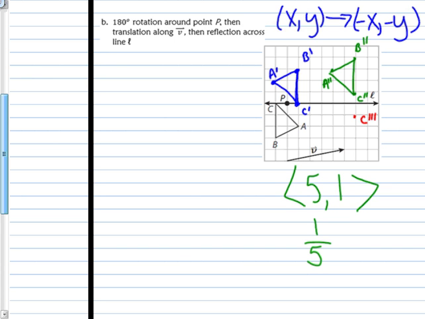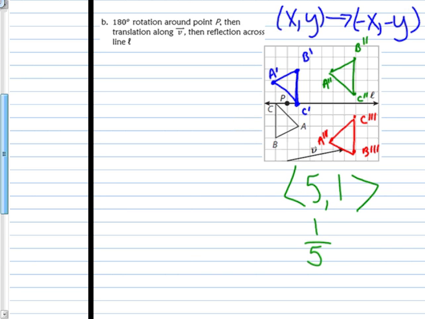B prime is 1, 2, 3, 4 above the line of reflection. So B triple prime is 4 below the line of reflection, and A double prime is 3 above. So A triple prime will be 3 below. And we've reflected it. And there we go. I've reflected the shape.